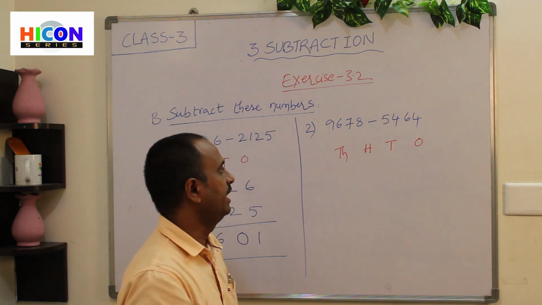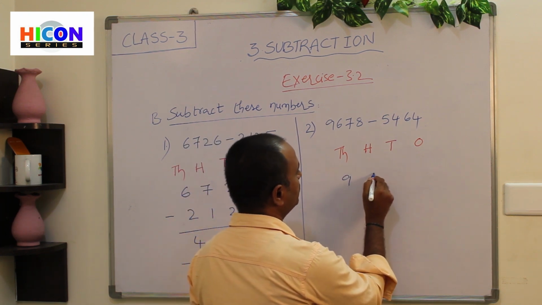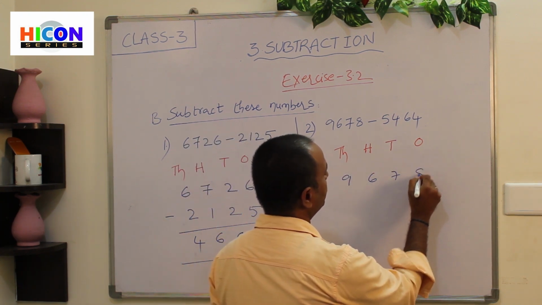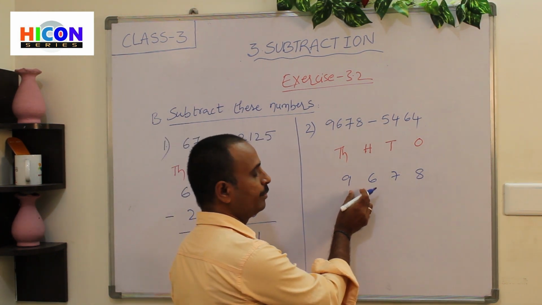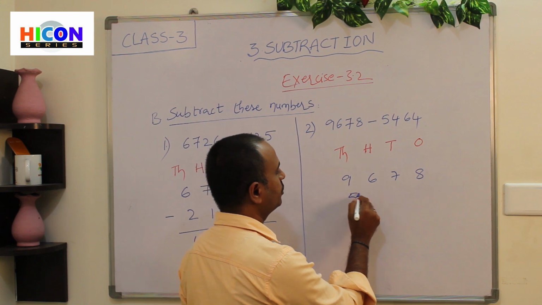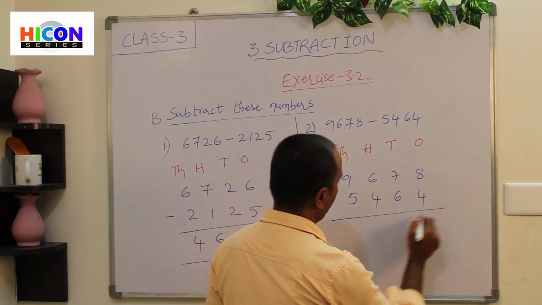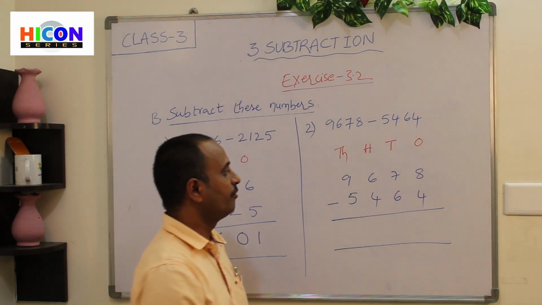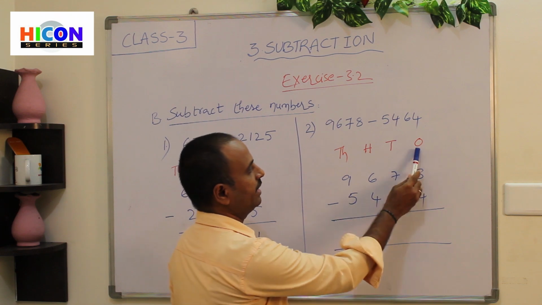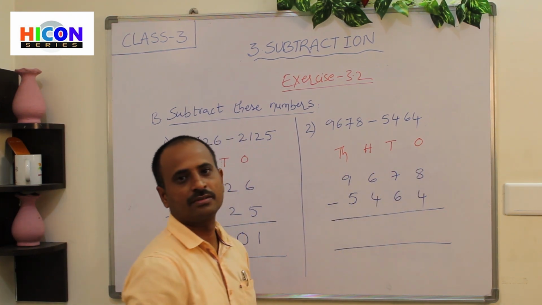So now write the first number, that is the greater number, 9678. And next write the second number below the greater number. That is 5464. So children, in this way we have to arrange the given numbers one below the other at their corresponding places. That is ones, tens, hundreds and thousands.